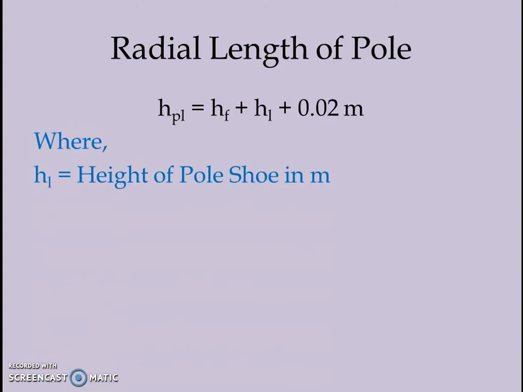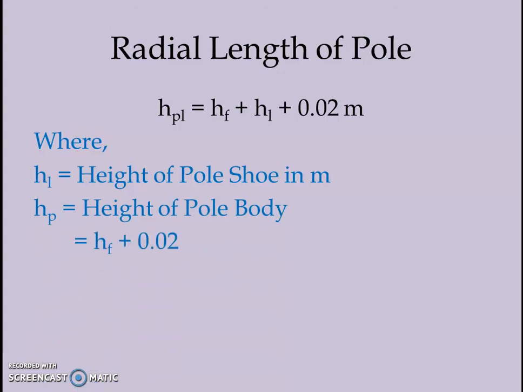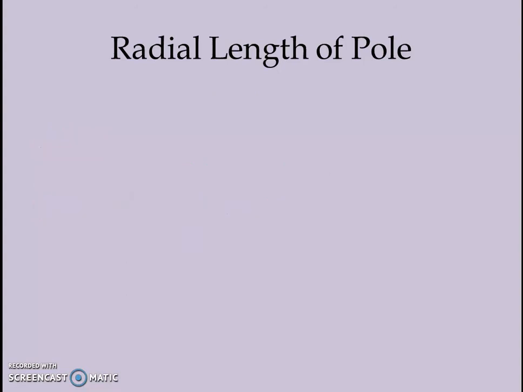So HL is the height of the pole shoes, and HP is the height of the pole body, which is equal to HF, the height of the field winding, plus 0.02, as I said, the space left for the insulation and fixtures.